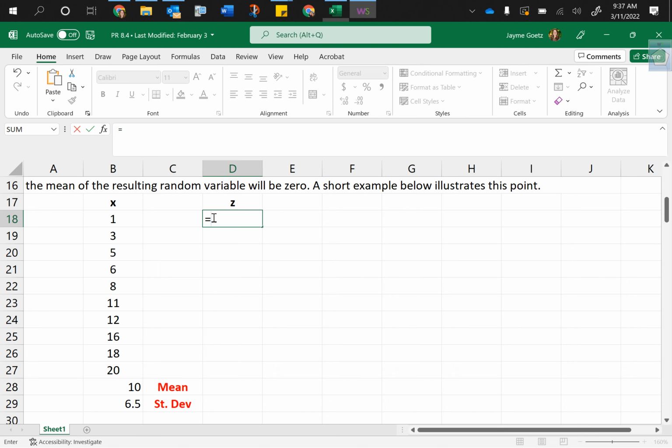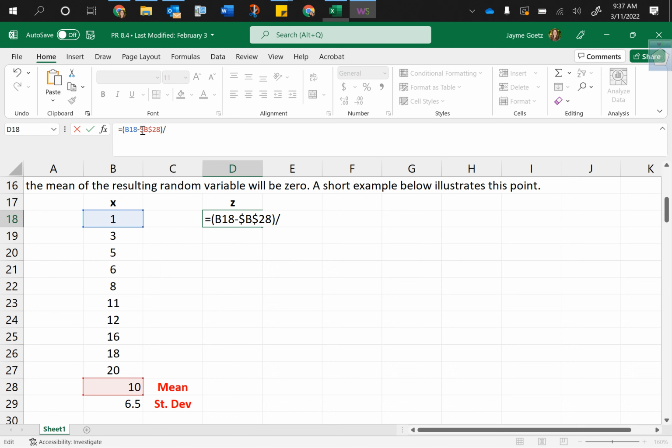Parentheses. So parentheses, and then I'm going to take the random variable, okay, and subtract the mean, which is down here, we said 10. But what do I need to do to that mean? Yeah, we want to absolute cell reference that. We want the dollar signs. We don't want it to move. We don't want that to change. Then close your parentheses.